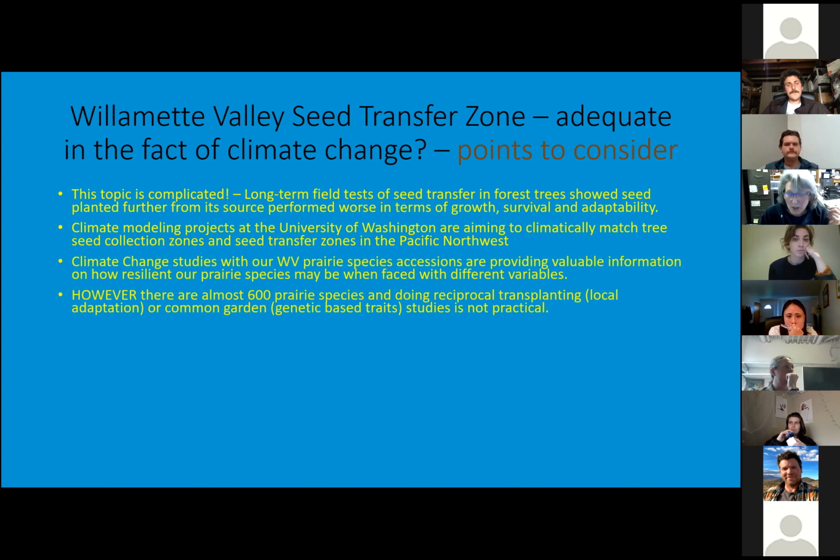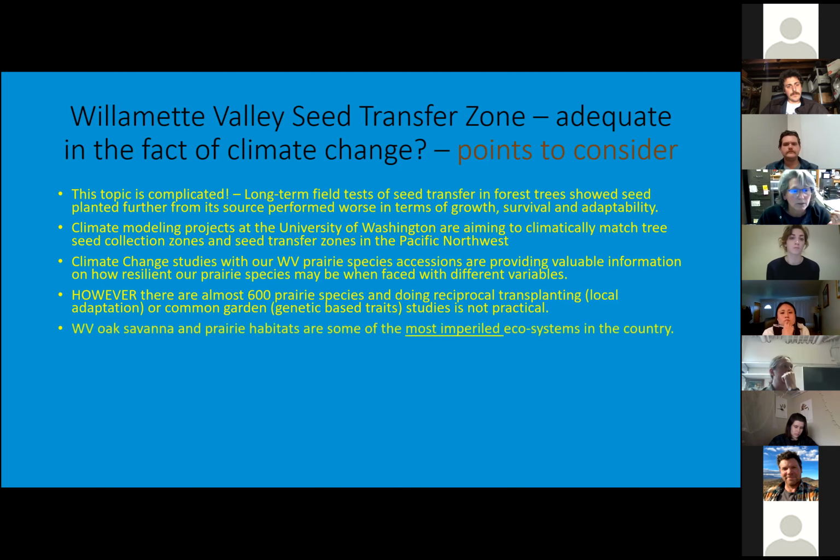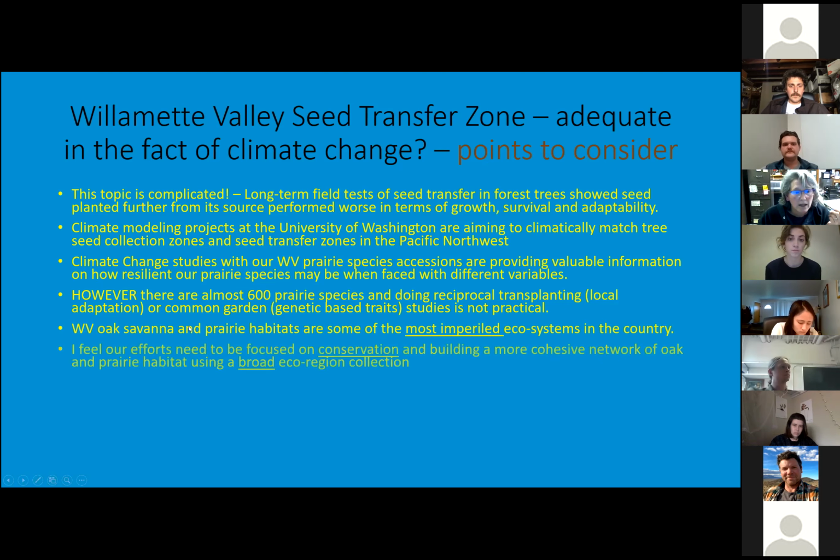But there's 600 prairie species. So obviously doing reciprocal transplanting for local adaptation or common garden studies, which look at genetic-based traits, it's just not going to be practical. And I'm just getting on my soapbox because this is one of the most imperiled ecosystems in the world, actually.